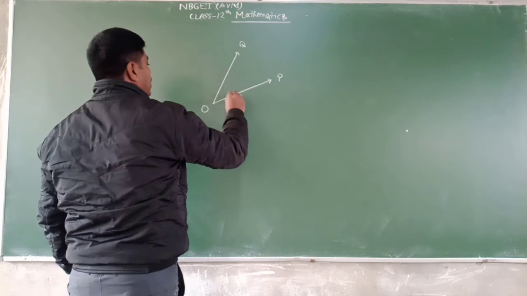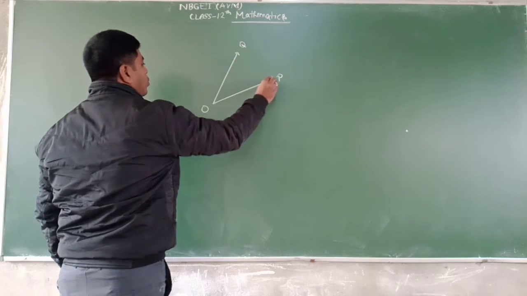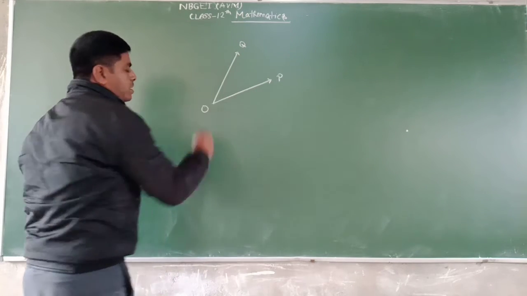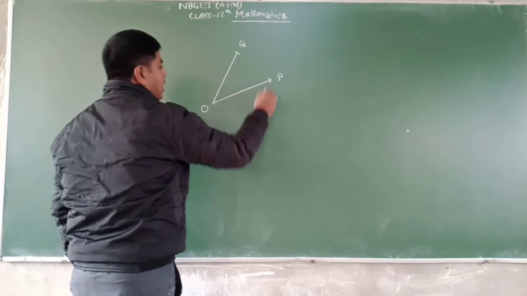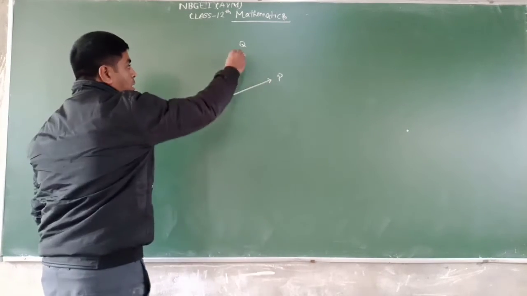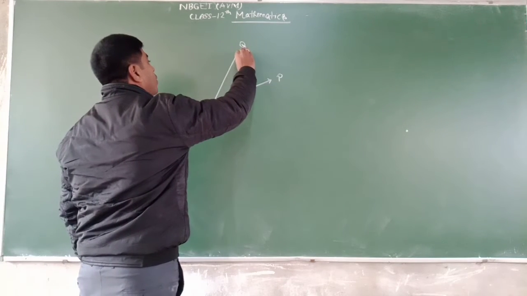This is the direction for OP from O to P and for OQ from O to Q. O is the tail and P is the head of the OP vector. O is the tail and Q is the head of the OQ vector.